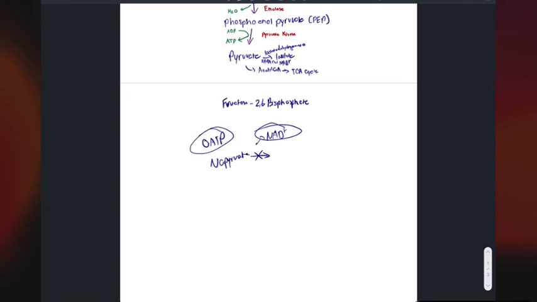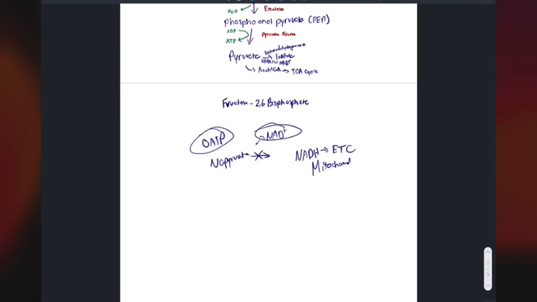But this is generally not the case in every single cell. As I said before, NADH can actually go ahead and go into the electron transport chain. But what's important about the electron transport chain is it's only present in the mitochondria.